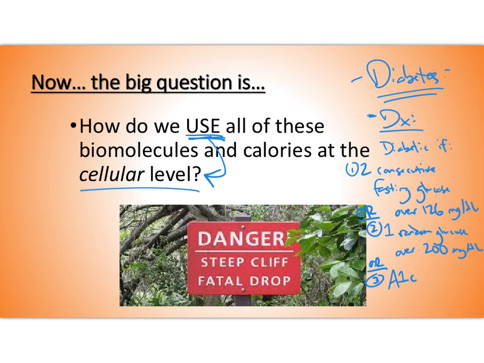But if someone has an A1C greater than 6.5%, that's indicative of diabetes. Anything under 6.5%, and you're really not too worried, but if it gets above that, it becomes sort of a concern. And so those are the 3 possible ways to do blood tests for diabetes.